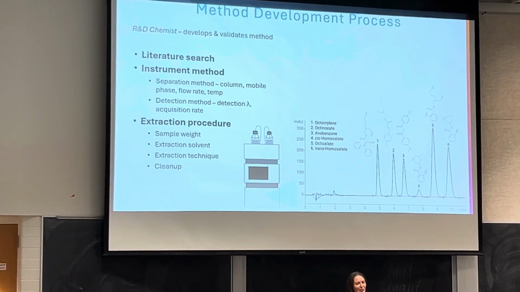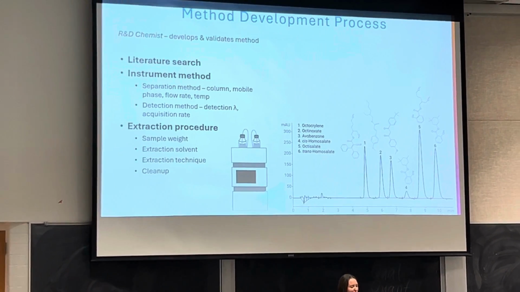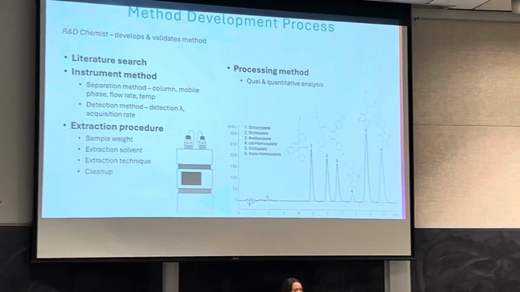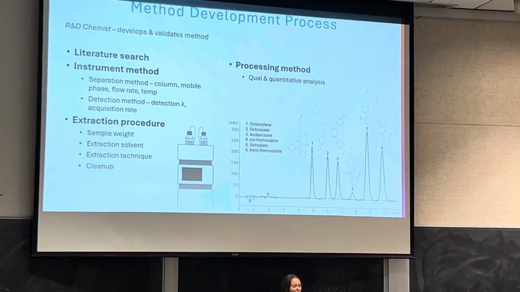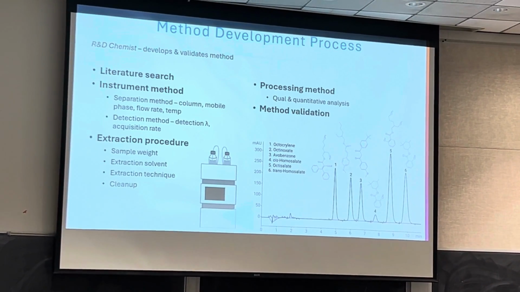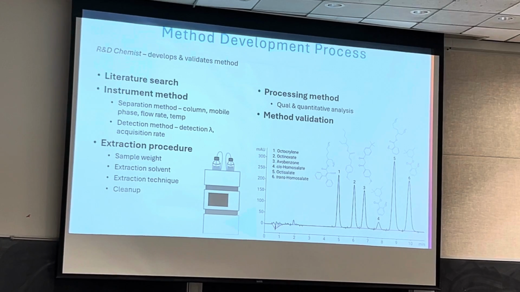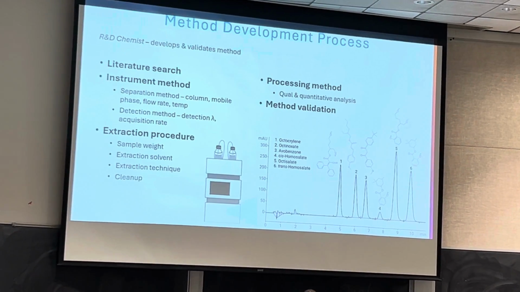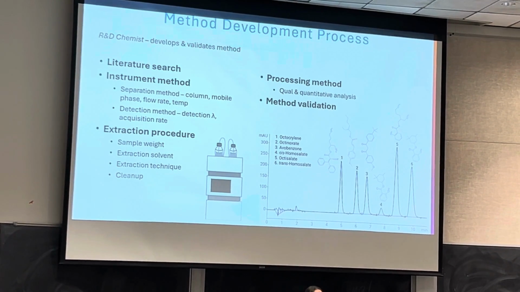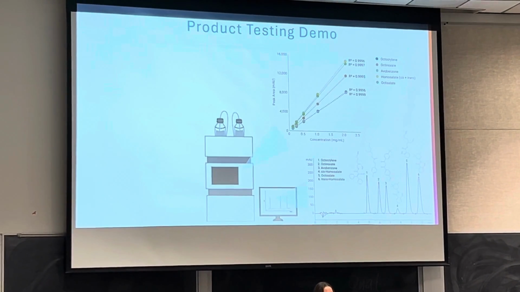We're going to filter our samples so that we don't clog up our HPLC system. And then I'm going to develop a processing method so that I can take that chromatogram and create my qualitative and quantitative analysis from that. And I'm going to perform a study called the product-specific method validation to ensure that my method is suitable for testing this product.